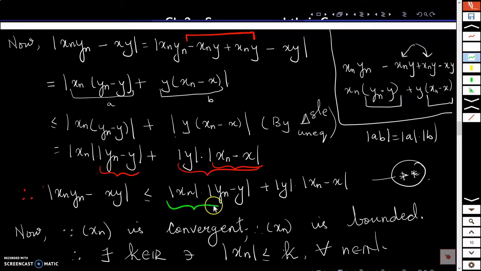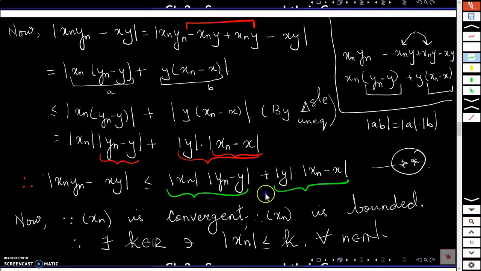This is one term and this is the second term. Two terms I added, and at the end I need epsilon. So I want this first term to be less than epsilon by 2 and the second one also to be less than epsilon by 2. So finally I get epsilon. Clear? If I had three terms here, then I would have considered epsilon by 3, epsilon by 3 and epsilon by 3, so that their sum comes to epsilon at the end.